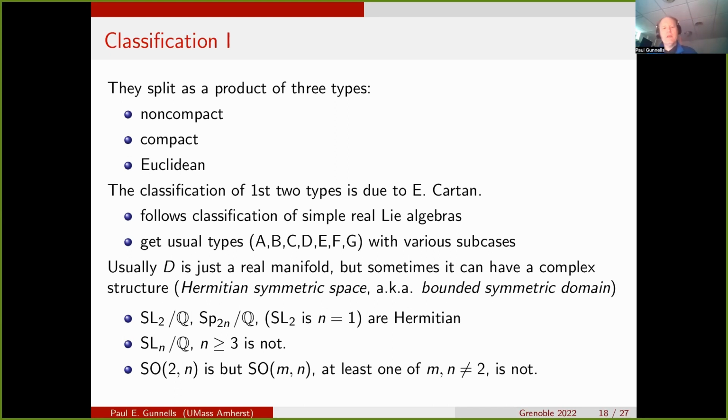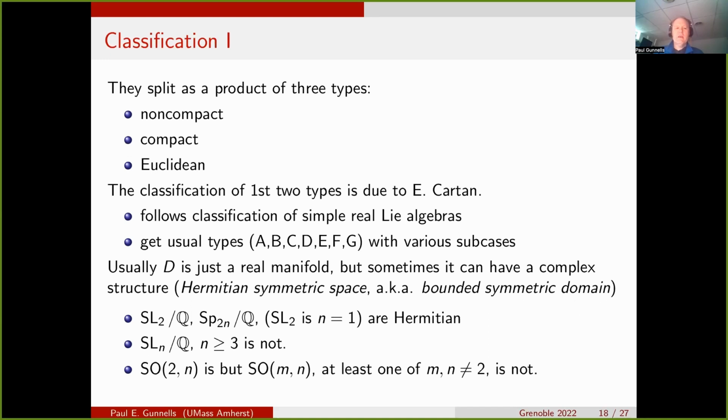That's why you have O(p,q) versus O(n). If you look in Helgason's book, you can see a big table. That's one of the standard references for trying to learn this stuff. You can see that it's rather intricate, but it's also not that bad. It's a finite list with a lot of nice examples.